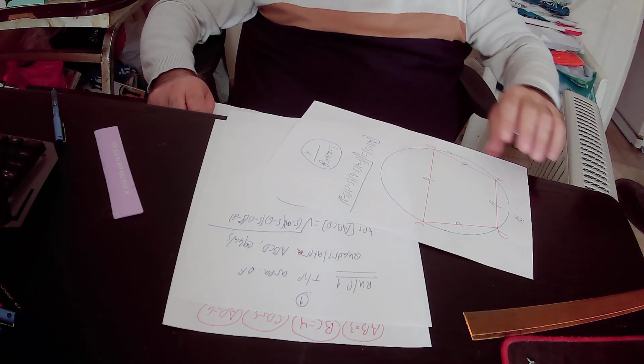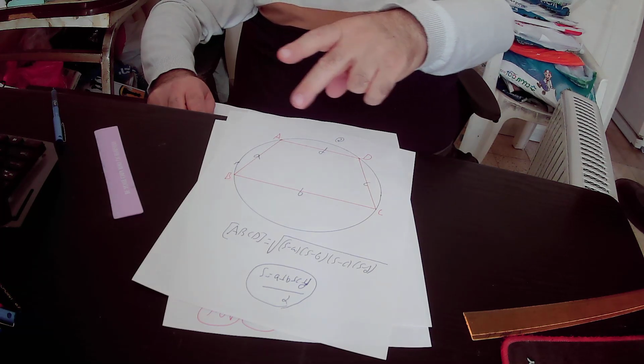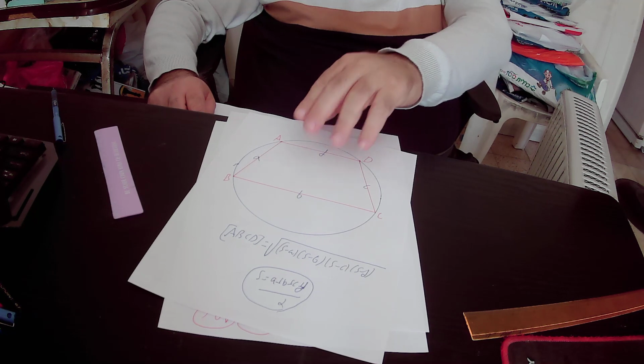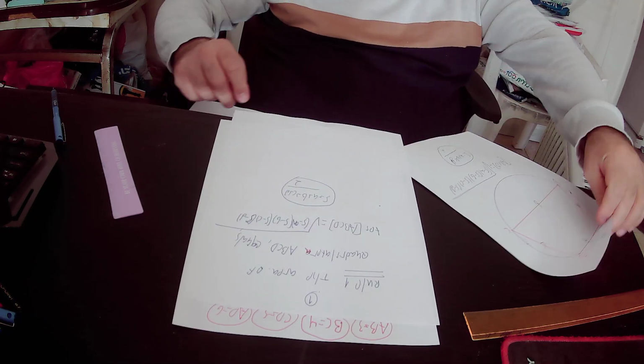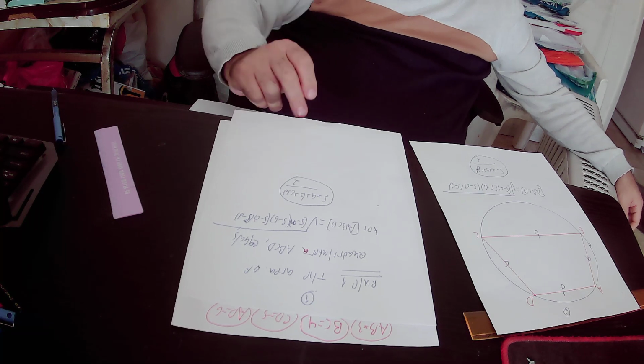Actually, a, b, c, and d are the lengths of quadrilateral ABCD's sides, and s equals (a plus b plus c plus d) over 2.